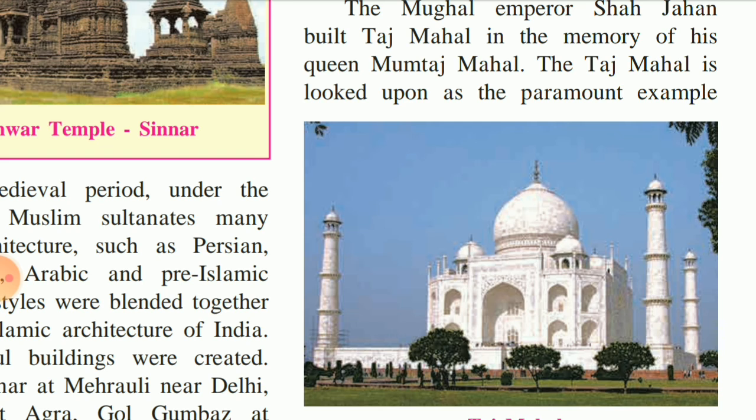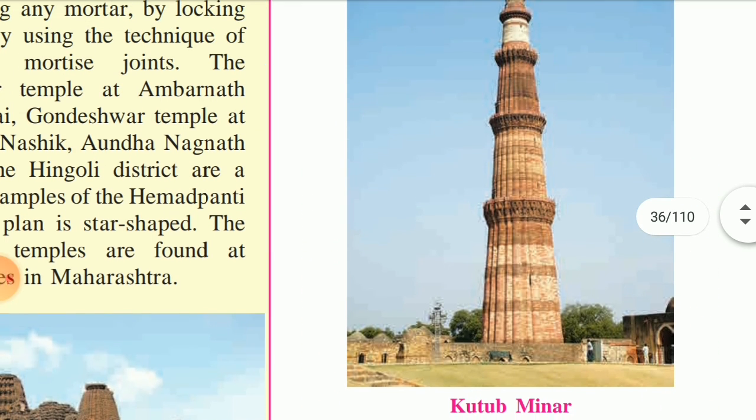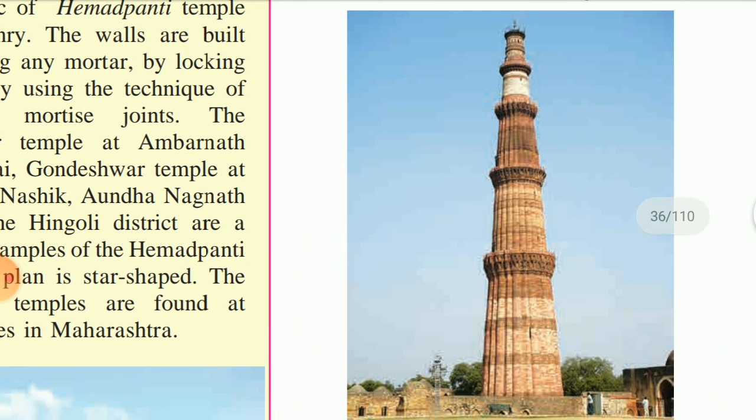Then we have also studied a part of it, that is the Islamic architecture. Among the Islamic architecture, we have studied the Kutub Minar, which was started in the 12th century by Kutubuddin Aibak and completed by Altmash in the 13th century.